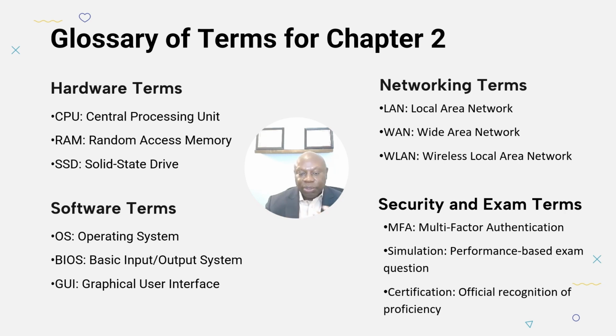So these are interface cards that you put in to give you those graphics. It's actually a card that you put in a slot, and if you do gaming or anything else, a lot of folks will update the graphics cards pretty easily. Security and exam terms: multi-factor authentication; simulation; performance-based exam questions; certification, official recognition of proficiency.